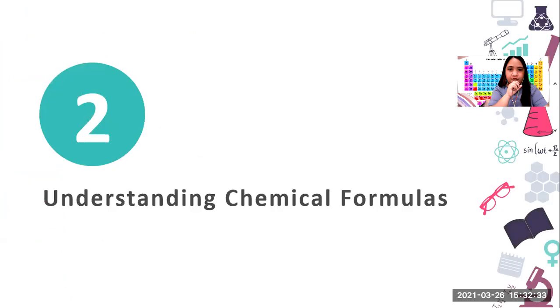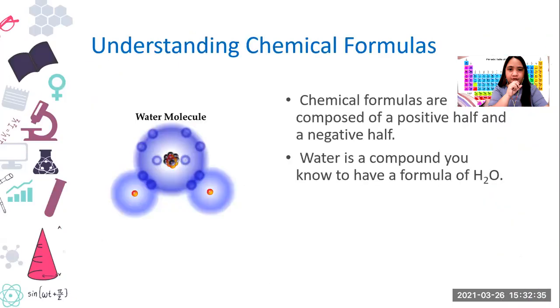So let's go further. How do we understand chemical formulas? Chemical formulas are always composed of a positive half and a negative half. For example, water. When you split water into two, there's hydrogen and oxygen. One is positive and the other is negative. Usually, the first one written is the positive half, and the second one is the negative half. In water, hydrogen is the positive and oxygen is negative.